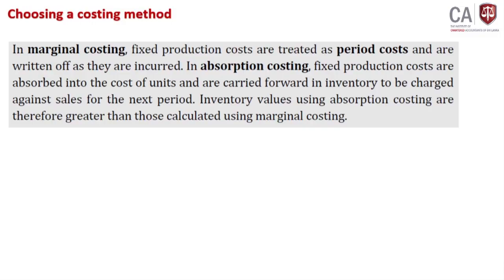Marginal costing and absorption costing. In marginal costing, what is the important thing you need to understand? We consider fixed cost, fixed production cost. When I say fixed production cost, it means fixed production cost incurred to manufacture your output, right?